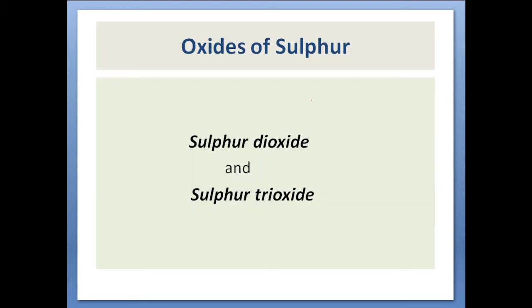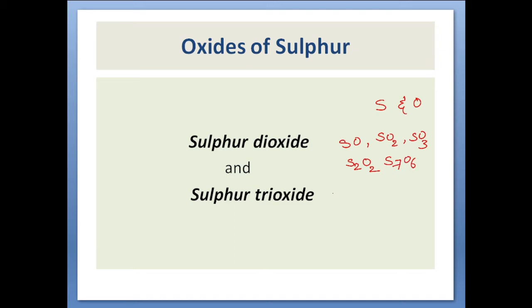Sulfur oxides are a group of molecules of sulfur and oxygen atoms, such as sulfur monoxide, SO2, SO3, S2O2, S7O6, like this.